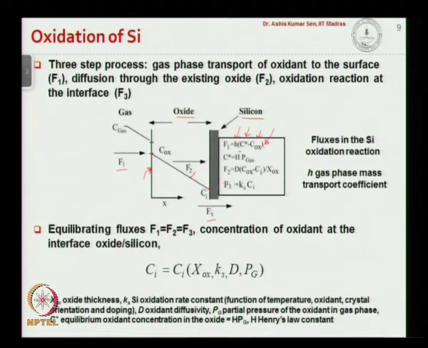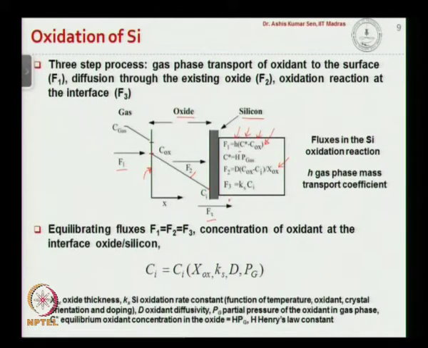F2, since it is diffusion through the existing oxide layer, is governed by Fick's first law of diffusion, given by D into the concentration gradient, which is C ox minus C i over X, the thickness of the oxide layer.